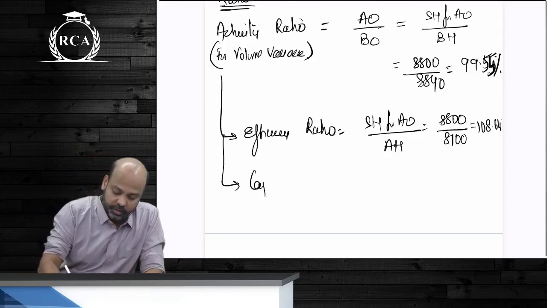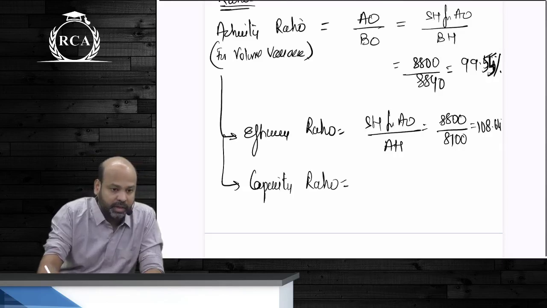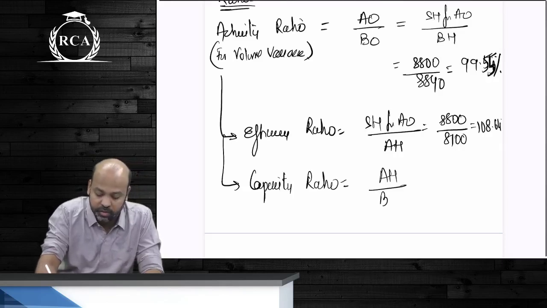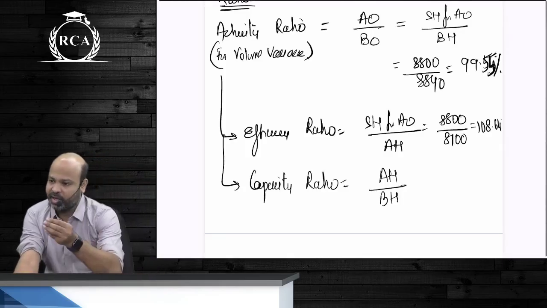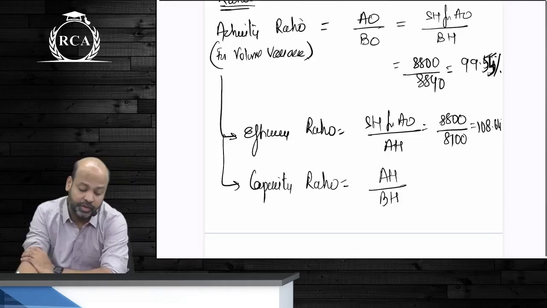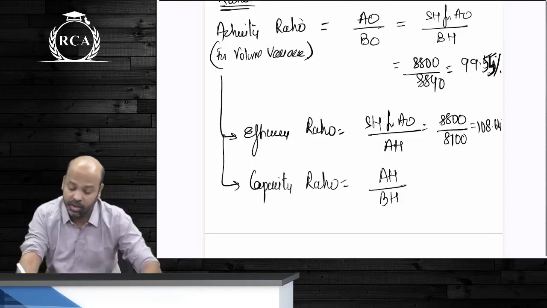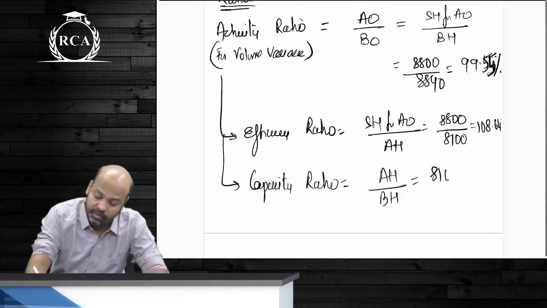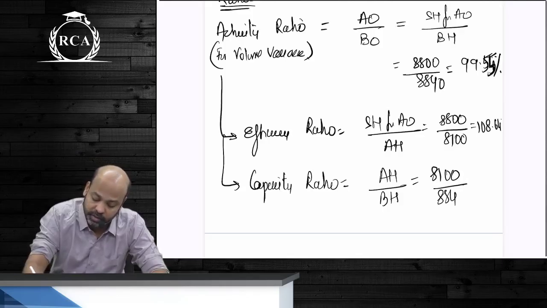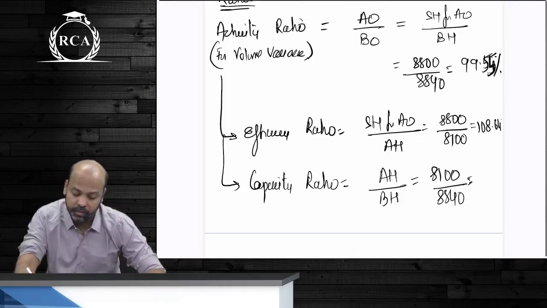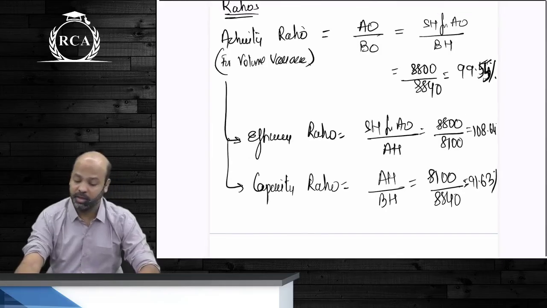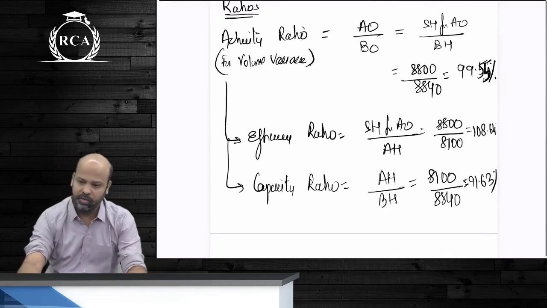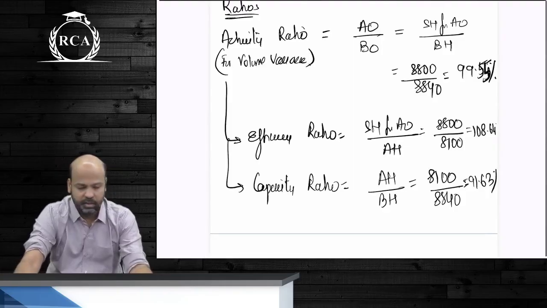And the other ratio is capacity ratio. Whether or not you have calendar variance, guys, capacity ratio will always be AH by BH only. Never AH by RBH. Even if there is calendar variance, for capacity ratio we take AH by BH only. Our actual hours, beta, are 8,100, budgeted hours are 8,840. These are the ratios. For now just write this down, I will teach again later. Still, it is understood now what we were doing, right?